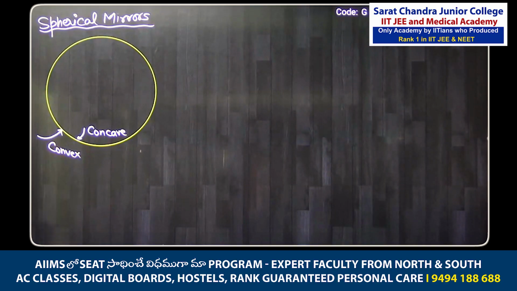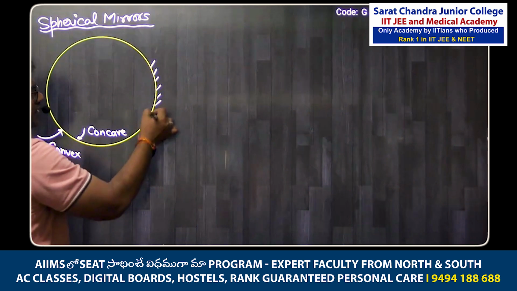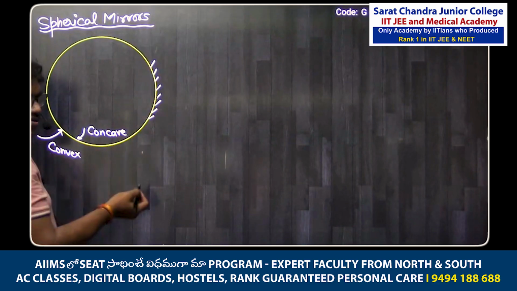If the reflection occurs from the concave side, because in a mirror one side is polished and one side is the reflecting side, then this mirror is called a concave mirror.